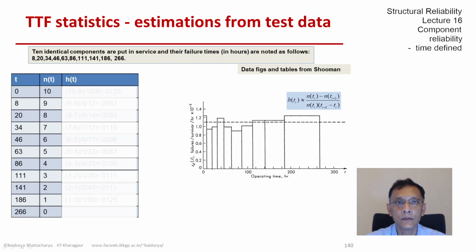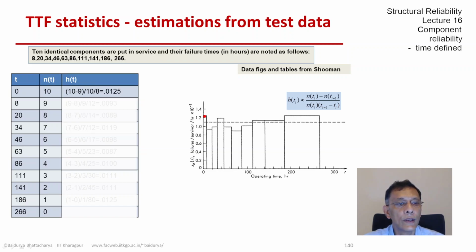This is the result taken from Shooman's book. But let's make sure that we get the same answers. So the first one is one failure, so n(t_i) minus n(t_i+1), so delta n is 1, which is the same for all these intervals that we have, but the length of the time interval is not the same, so that's going to create some difference.